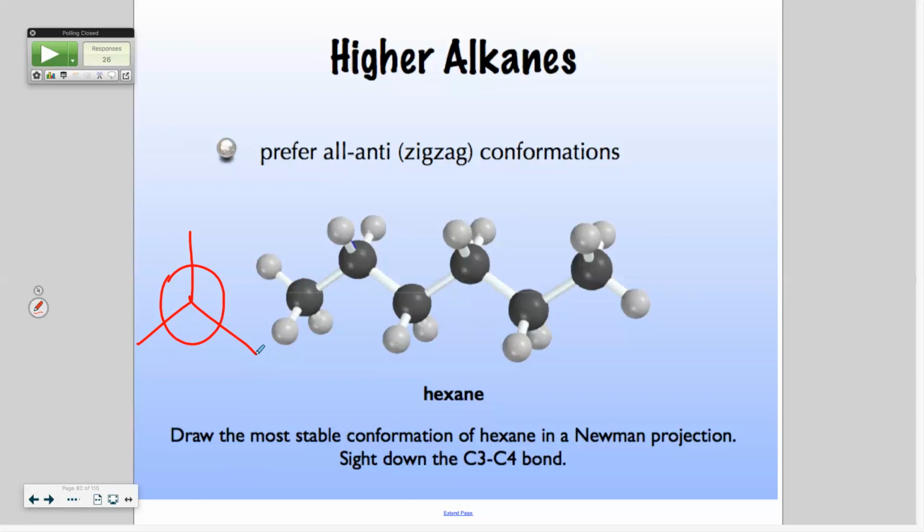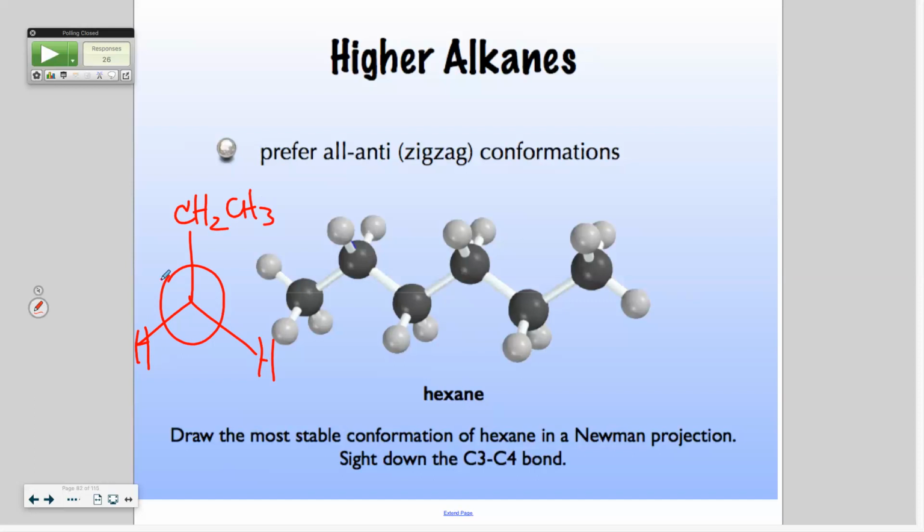Okay, what's attached to the blue carbon? 2 hydrogens. And what's this? A carbon, and what's on it? And a methyl.